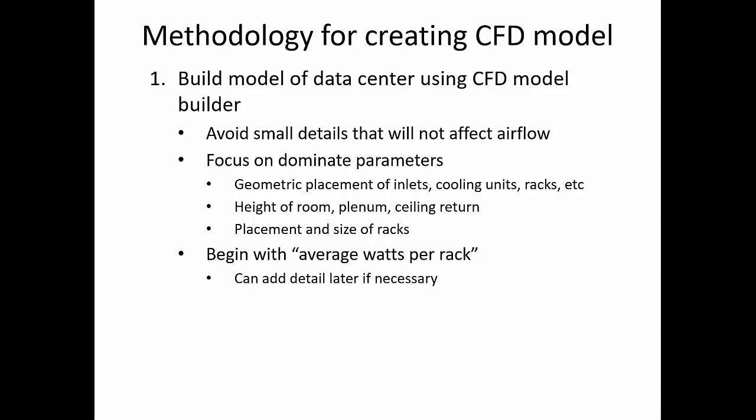Someone famously said a model should be as simple as possible and not simpler. You should try to get it down to the minimum dominant parameters that are driving the design. This is true of any design, by the way. It could be automotive, could be data center, it could be anything. Find the dominant parameters and focus on those. That's where you'll get your highest return.